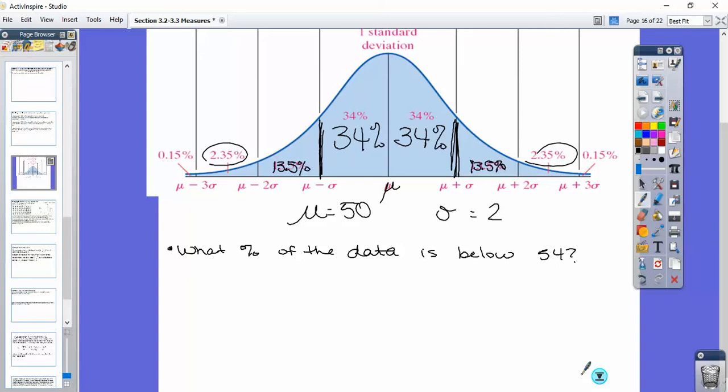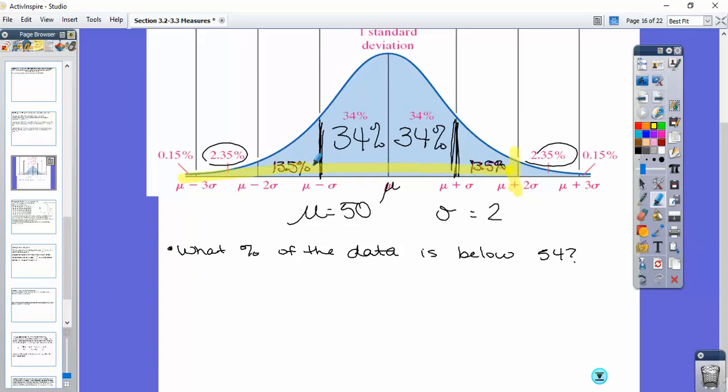Well, how many standard deviations are we away from the middle here? If you subtract, we're 4 away, and a standard deviation is measured by 2. So 4 divided by 2, we're talking about 2 standard deviations above the mean. So you are right here.